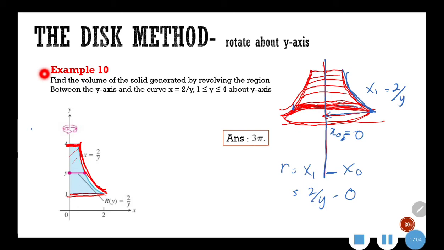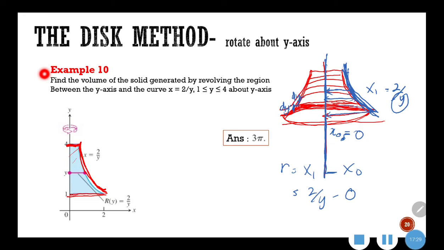And the height is, you see, dy. Okay, means the center of the radius is along the y-axis, or x0 equals 0, and the radius keeps on changing depending on your curve x1 here, because the radius is x1 minus x0, and x1 here is changing with respect to y.